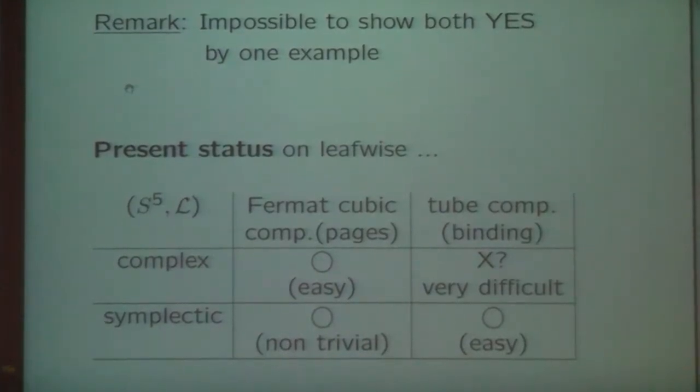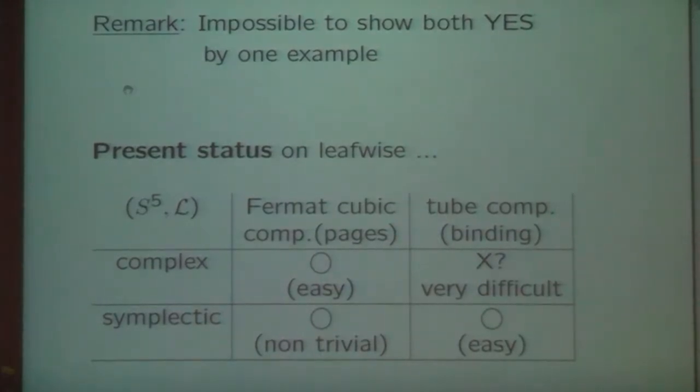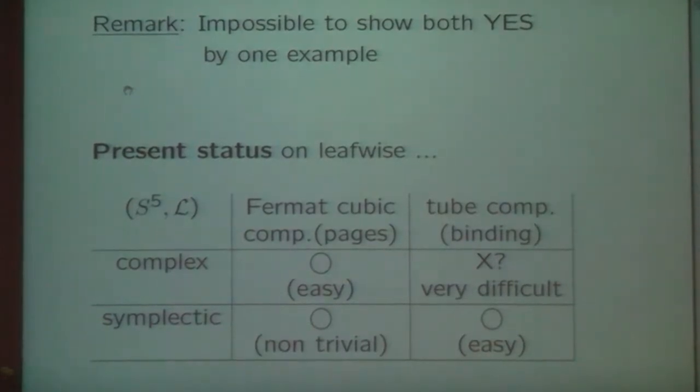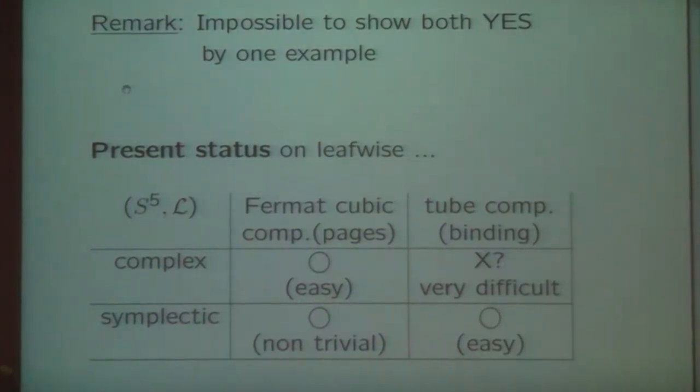But I don't believe that the complex structure exists. So today I show that the symplectic structure really does exist for Lawson's foliation without any modification. The interesting point is that, as I told you, there are two components with one common boundary.